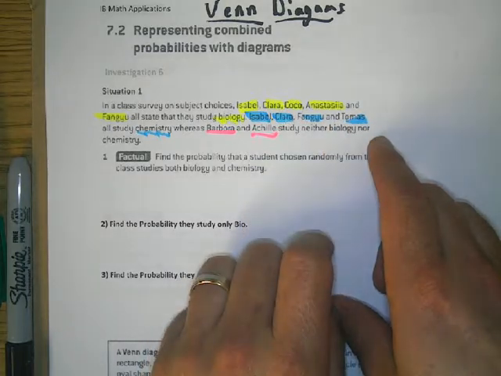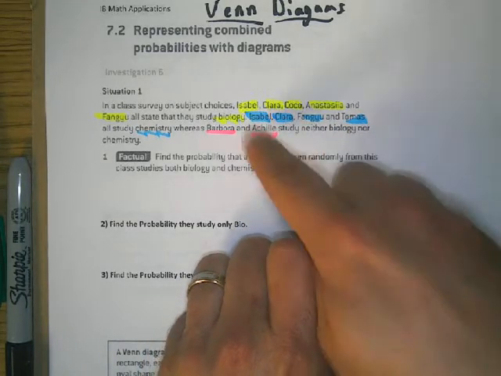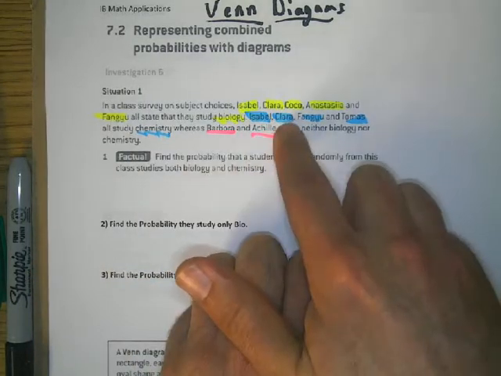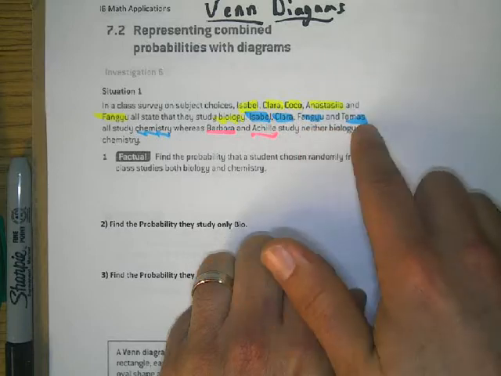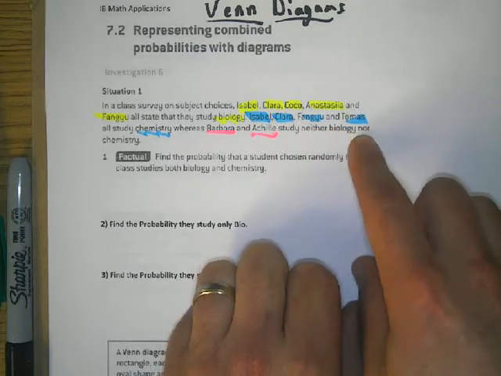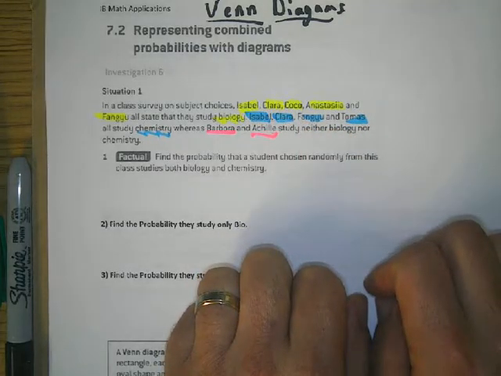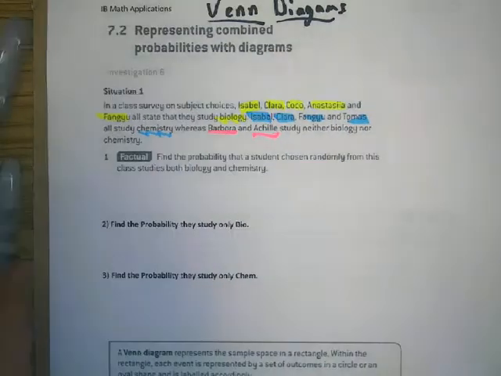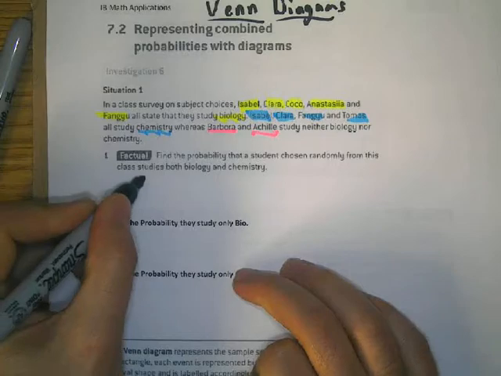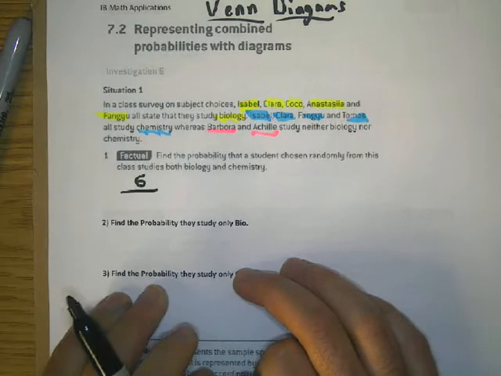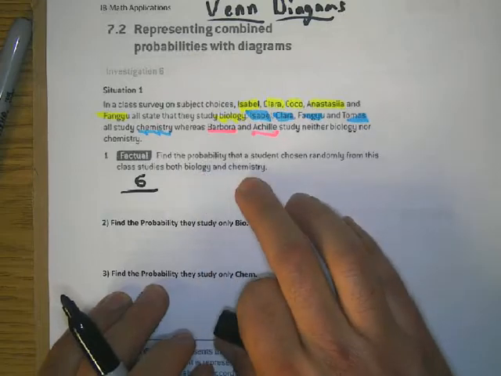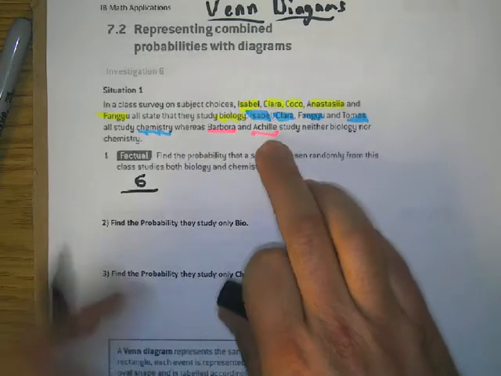That's how many people? 1, 2, 3, 4, 5, 6. Okay, so the probability would be 6 out of how many people total? Bio and chemistry, and then out of 8.